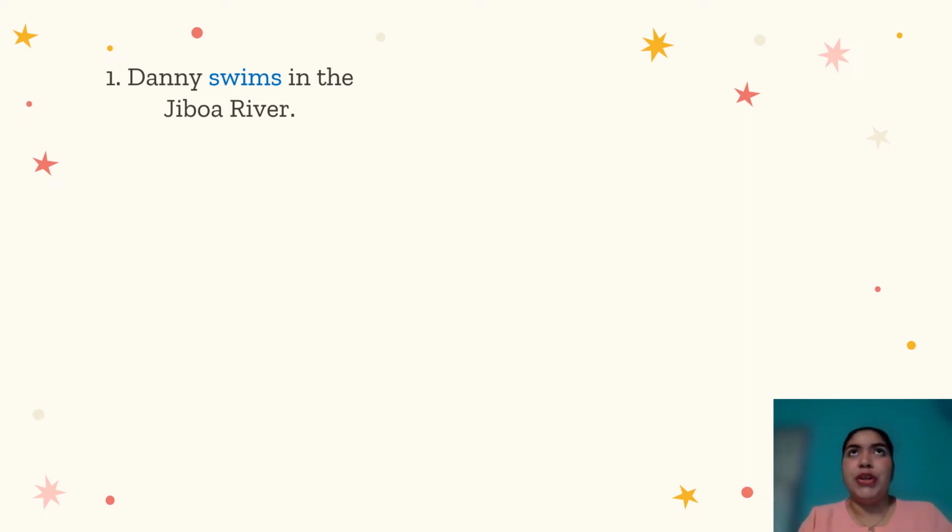And your student is going to associate this word swims with nadar in Spanish. So, thanks to the repetition, when you read this sentence, you are going to invite your students to repeat this sentence. And they are going to start to think about the probable concept or the meaning of this sentence.